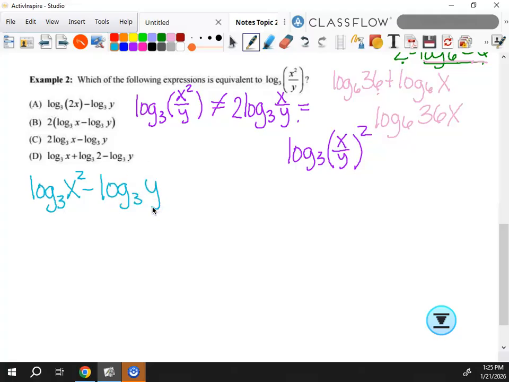Now, because the exponent goes to the entire argument, where it didn't here, I can bring the 2 out front, and that gives me C. Okay? What questions you got? We good on those? Okie dokie. All right, then let's flip this over.